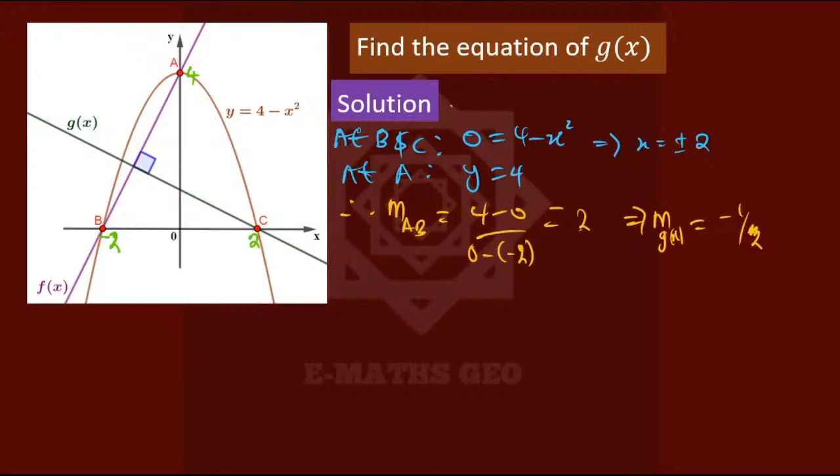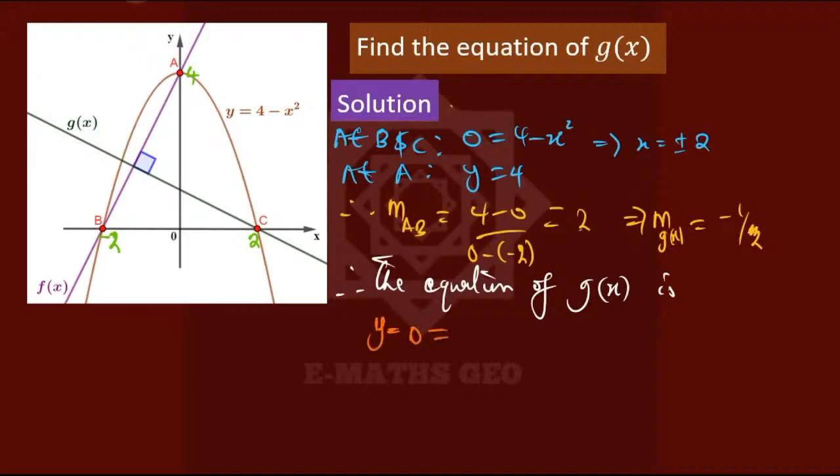Therefore, the equation of g of x: we use point-slope form, and the point we are passing through is (2, 0), which is at C. The slope is -1/2. So y minus 0 equals -1/2 times x minus 2.